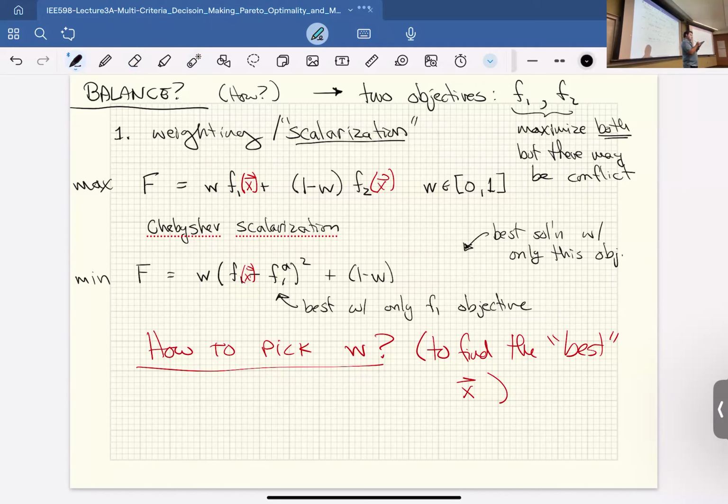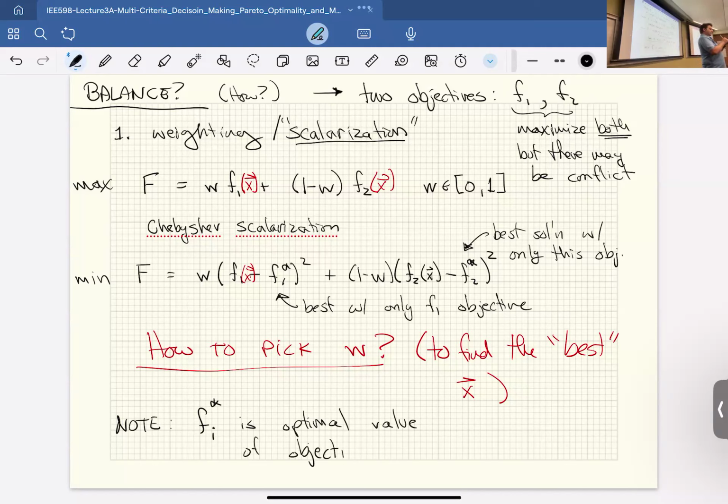So this is just F2 evaluated at X minus F2 star, and that whole thing squared. So that, and then just as above, I'll say note Fi star is the optimal value of objective i alone.